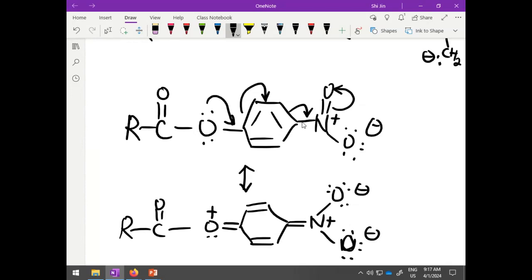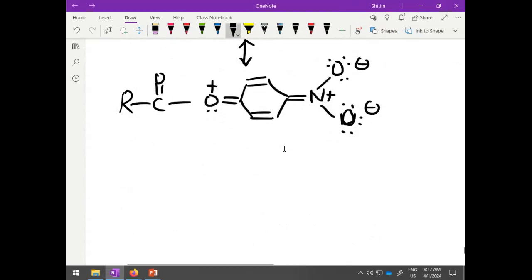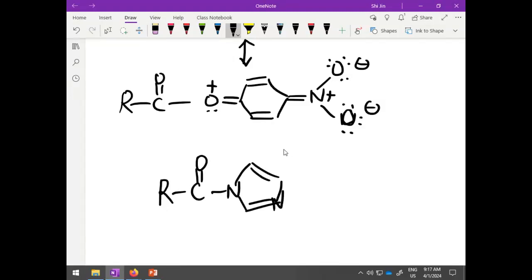Its size matters, and its electronic environment matters. And the last example I want to give you in terms of carbonyl stability is this one. That's the last example.